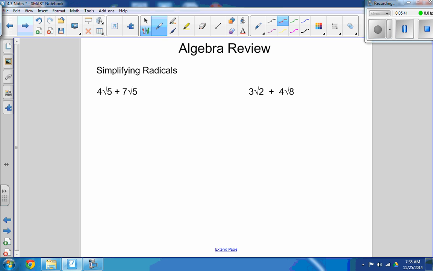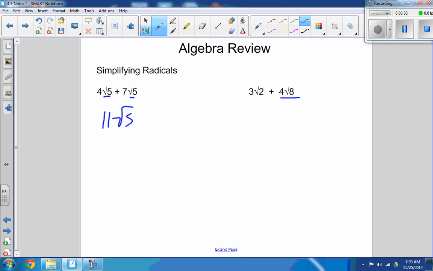All right, so let's go do some more simplifying of radicals. 4 square root of 5 plus 7 square root of 5. I can add them because they have the same radical. So 4 plus 7 is 11 square root of 5. Now these ones I cannot currently add. 3 square root of 2 plus 4 square root of 8. I can't add them because the radicals are not the same.